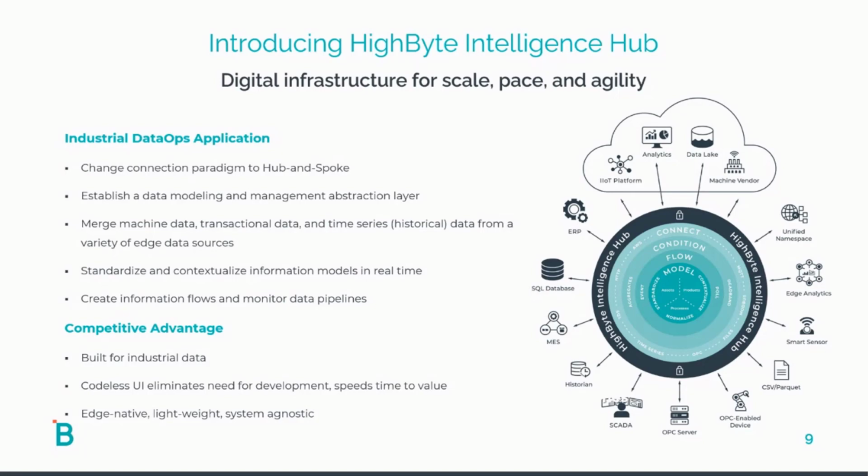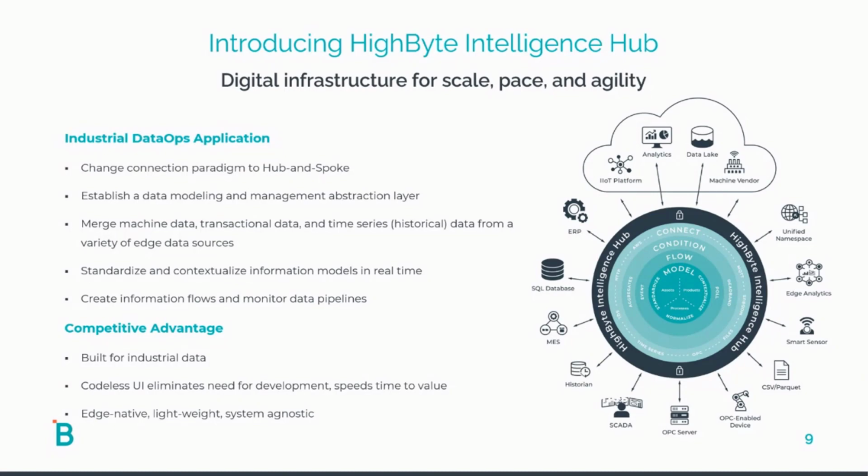And data moves up and down through that system, traversing each layer. The challenge is that that doesn't work in our new world of moving massive scale of data. And in many cases, data is not needed at different layers. So now with a hub and spoke approach, we're able to ingest data from all different layers, merge it together, and deliver it to the cloud.